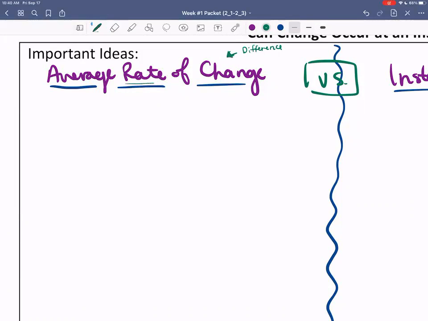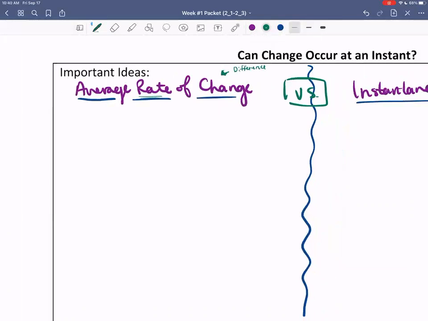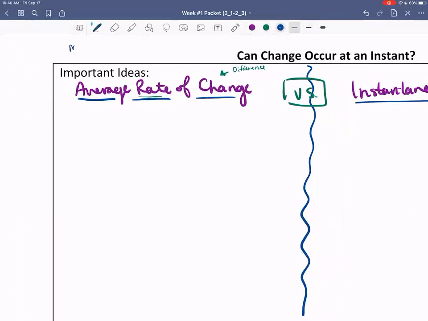When we're talking about rate, we're wanting to compare two quantities, as in the example, miles per gallon. We're computing how many miles we're able to travel per gallon of gas. So we're comparing two quantities, miles traveled and gallons used. And then average is referring to a longer time trend, so we're going to be looking over intervals of these two quantities.